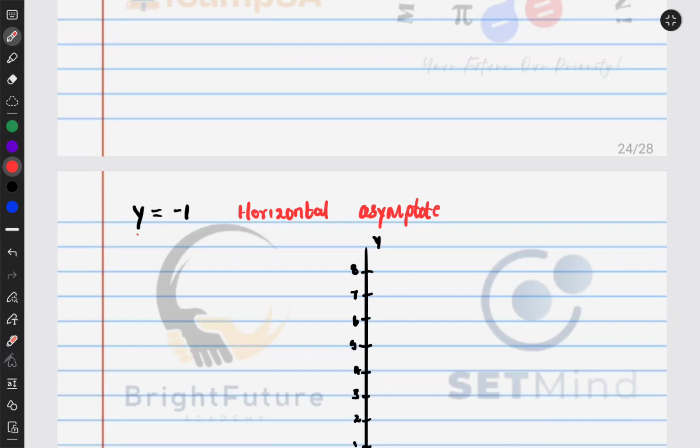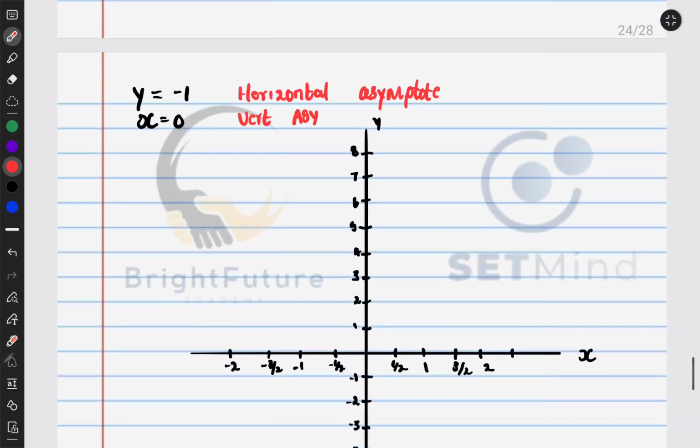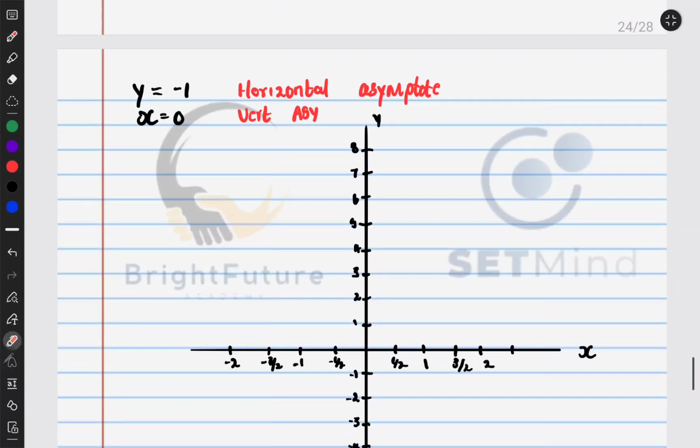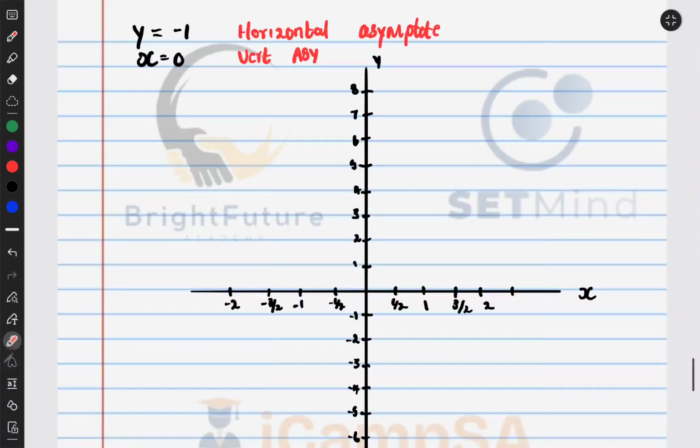And for the vertical asymptote, it's still x is equal to 0. That is your vertical asymptote. So the vertical asymptote is x is equal to 0, and the horizontal asymptote is y is equal to negative 1.